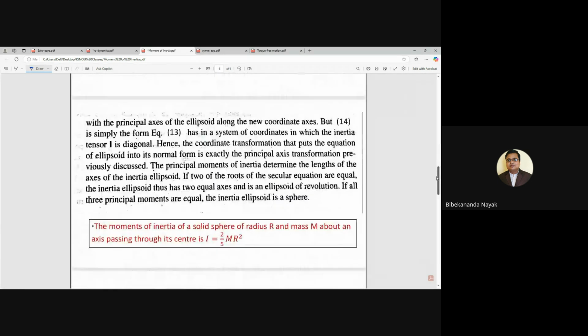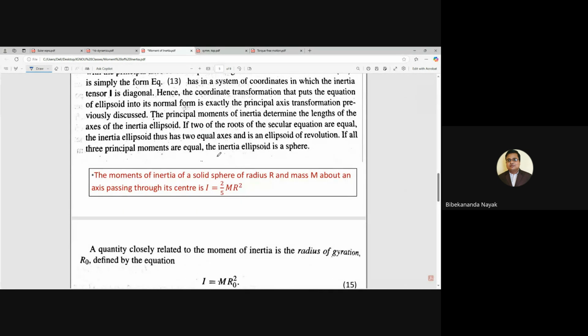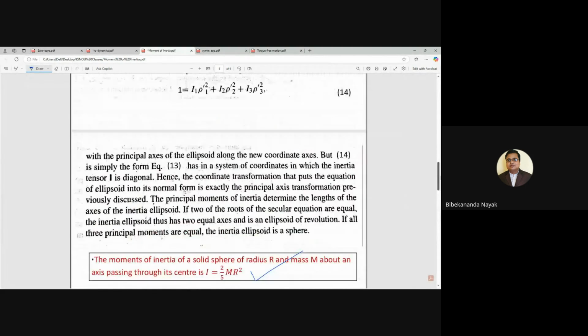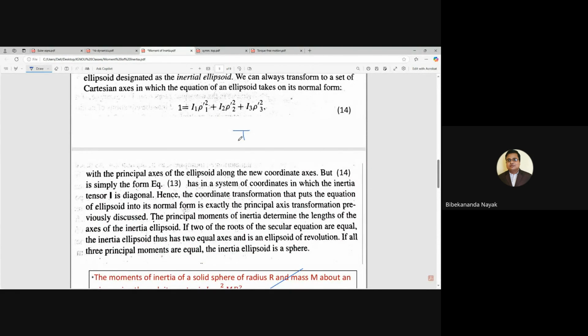Here, important is the moment of inertia of a solid sphere of radius r and mass m about an axis passing through the center, which is 2 by 5 m r square. You know that, and the parallel axis theorem you also know from your plus 2. Suppose a body is rotating about an axis here, and there is some parallel axis; this is A, this is B. What is the moment of inertia about axis B, if the perpendicular distance is capital R?